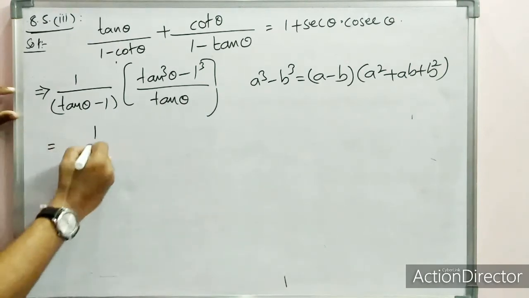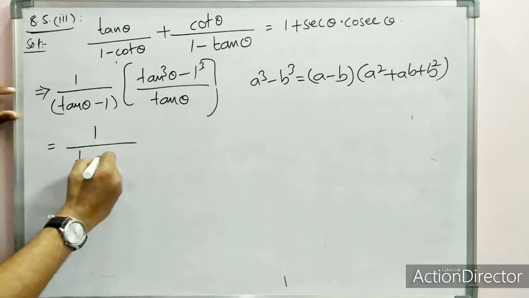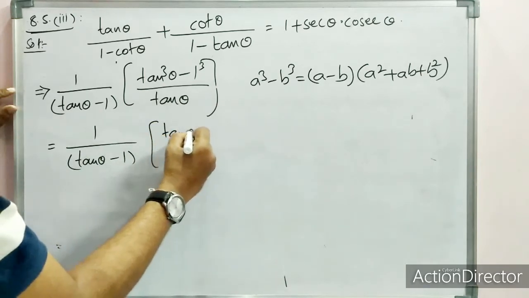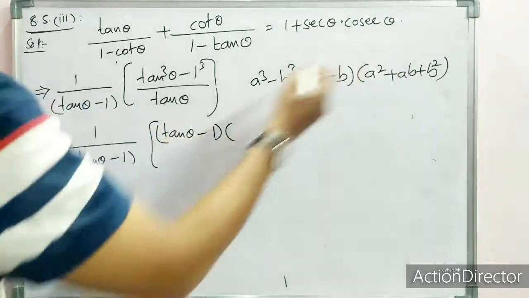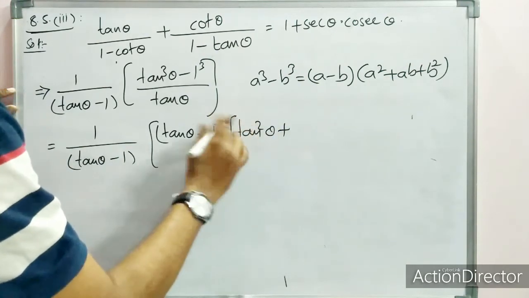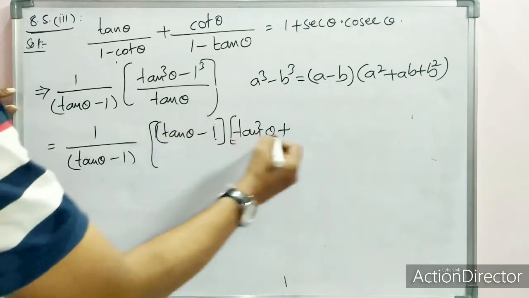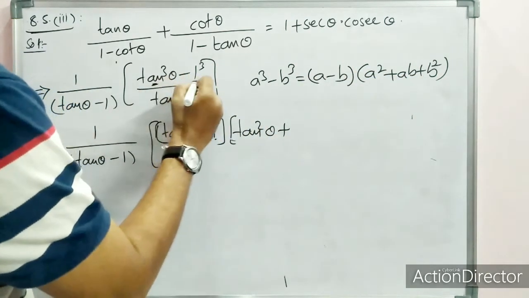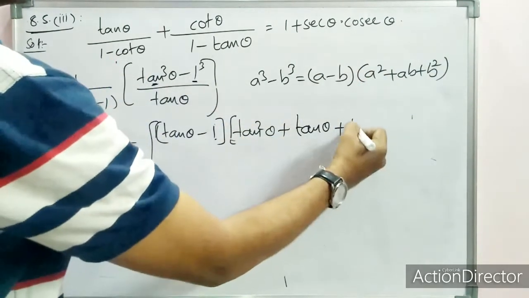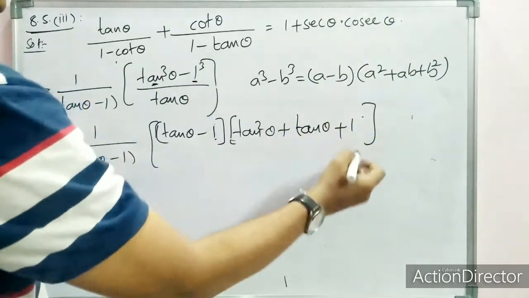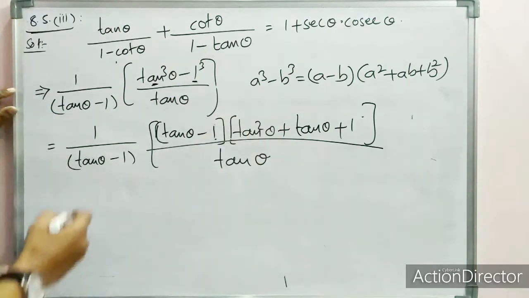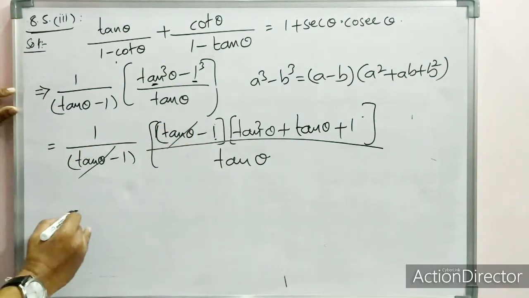Now this is 1 by tan theta minus 1, and this I can write as a minus b, tan theta minus 1, into a square, tan square theta, plus ab. This is a and this is b. So tan theta into 1, tan theta, plus finally b square, 1 square, is nothing but 1, by the denominator tan theta. Now see these two parts will be cancelled.